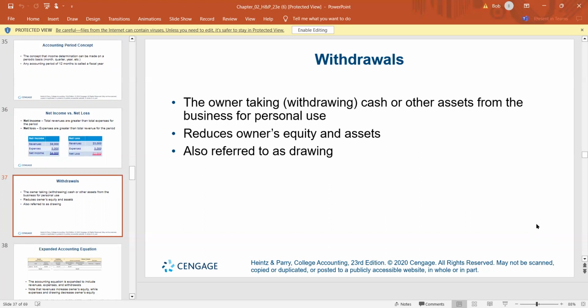What that does is reduce the owner's equity as well as the cash. It is not an expense. It's a reduction in the equity of the company. If this company was worth $10,000 and the owner came out and said, give me a check for $1,000, now the company's only worth $9,000.